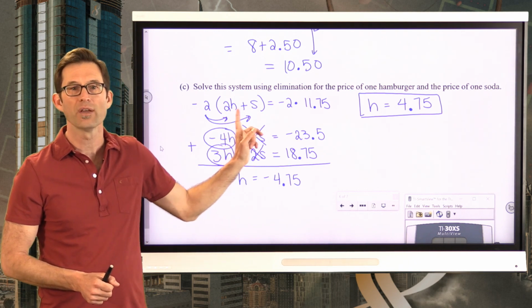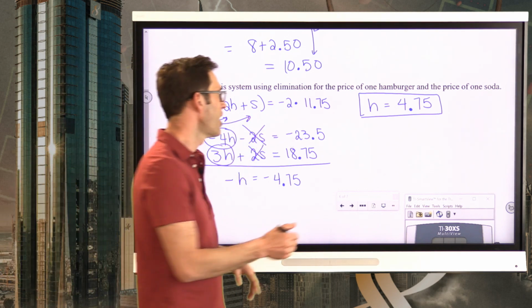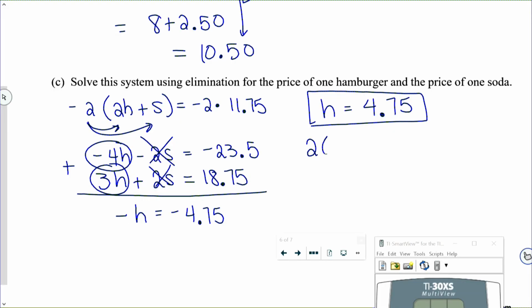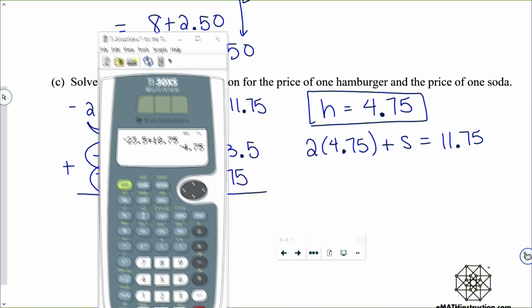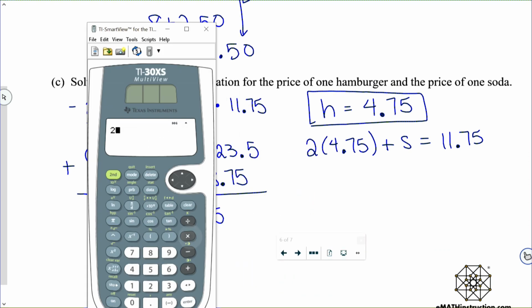I think I'm going to go with the 2h plus s equals 11.75. So 2 times 4.75 plus a soda is equal to 11.75. Okay, maybe I take my calculator out and I do 2 times 4.75, and that's going to be 9.50.